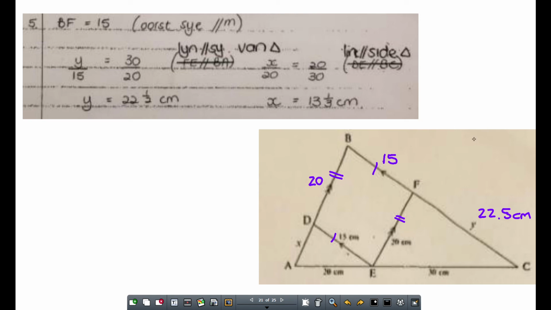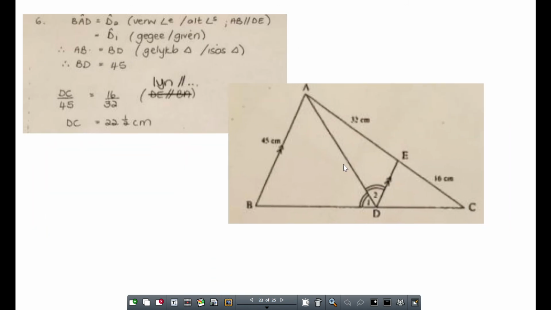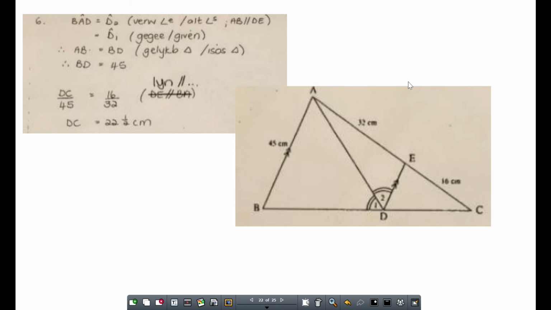Okay. Right, kom ons kyk gou aan. 6. Kyk, nou. Nommer 6 was vir my nogal so lekker enetjie. Kyk gou hier. They're telling you that angle D1 is equal to angle D2. Hulle is gelyk aan mekaar. En dan sê hulle vir jou van die parallelle lyne, but that's it. Nou, wat ek wil hê jy moet sien is, if I use these parallel sides, kyk gou daar. Sien jy verwisselende hoeke?